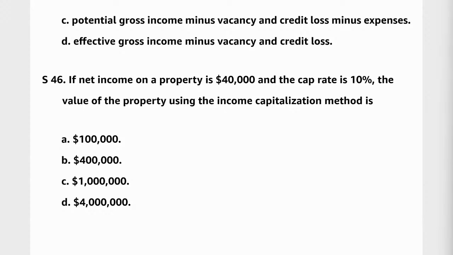That is correct. So it's using the T formula. Do y'all remember what the T formula is? So the T formula, you have the part on top, which is the 40,000. On the bottom, you have the rate times the whole. We're looking for the whole, right? And the rate is 10%, 0.1.